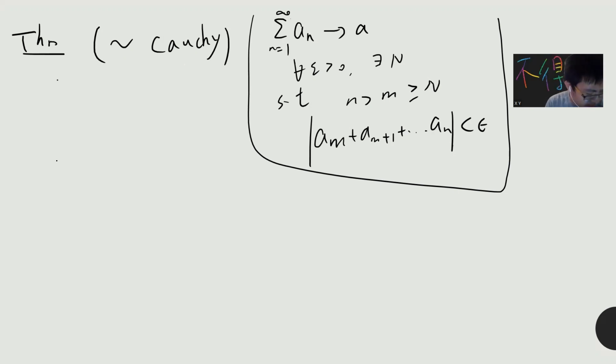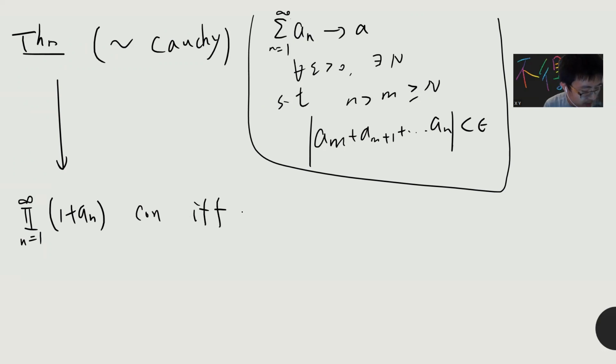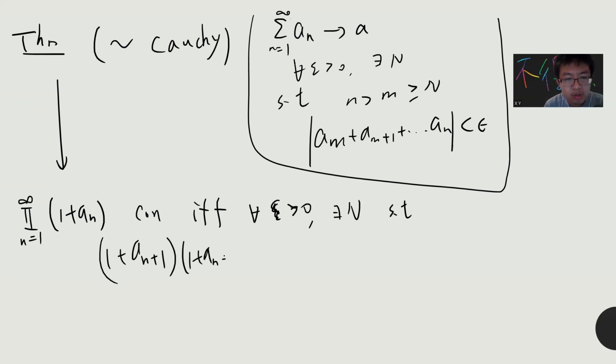We have the same thing for infinite products. We always use the form 1 plus a_n. The product of 1 plus a_n, n from 1 to infinity, converges if and only if for every epsilon greater than 0 there is an N such that the partial product (1 plus a_{m+1})(1 plus a_{m+2}) up to (1 plus a_n), minus 1, is less than epsilon.